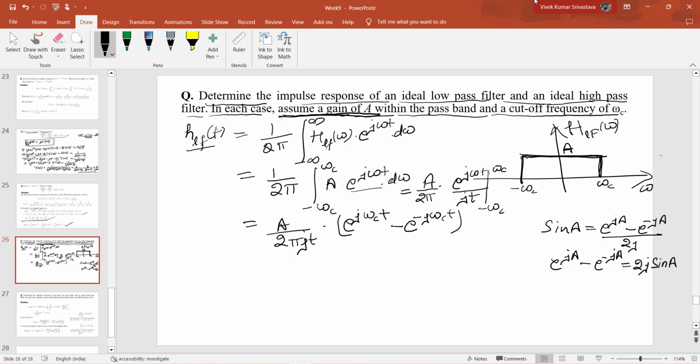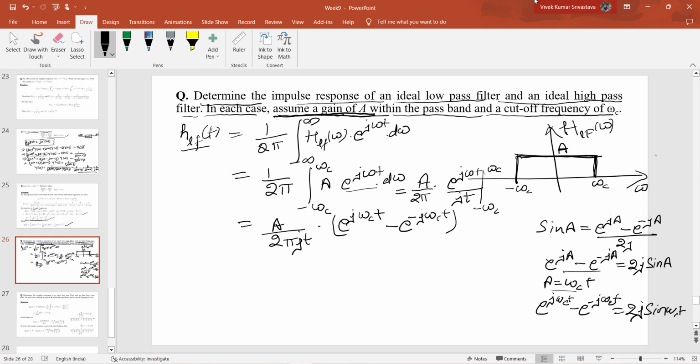Here let us take a as omega c into t. Putting this in the expression, e raised to the power j omega c t minus e raised to the power minus j omega c t will be equal to 2j sine of omega c t. Now this value we can substitute directly from here.